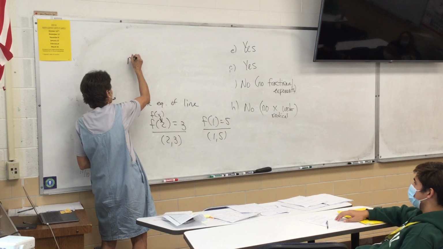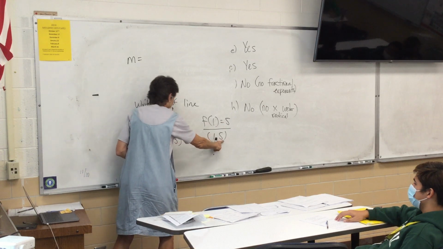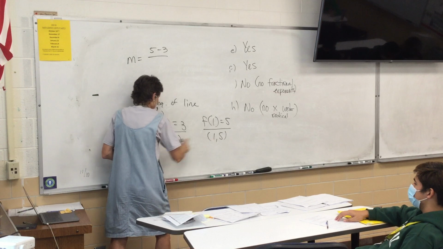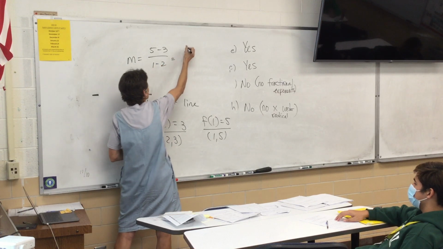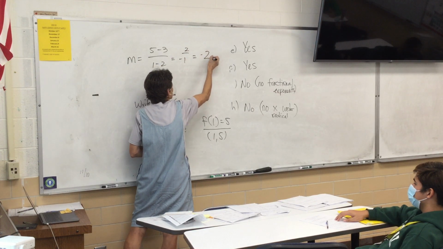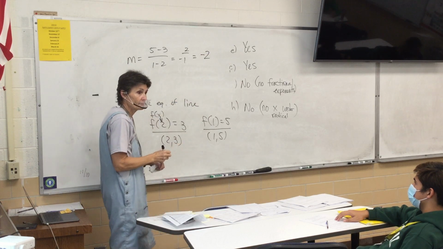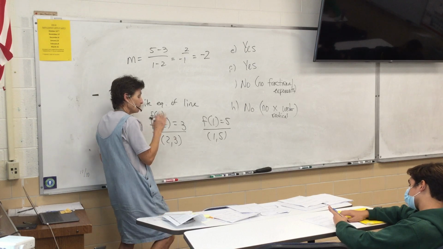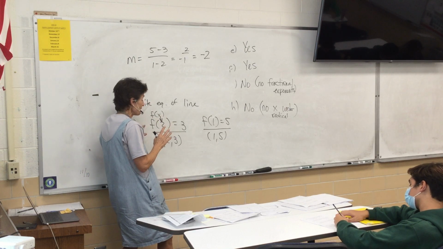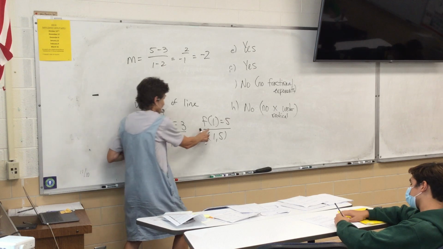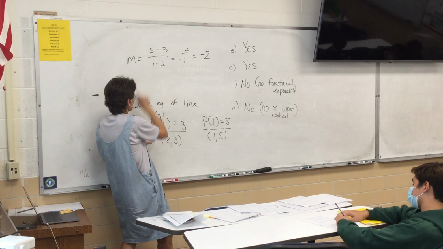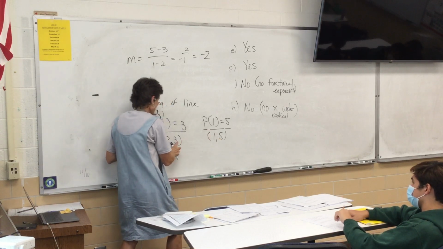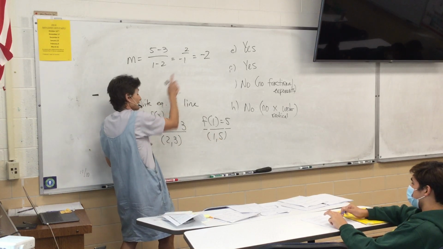So what's my slope? 5 minus 3 over 1 minus 2. I got -2. Did you get that? So the problem was written in a fancy new way, but it's really just points. So then I did slope, because I'm writing the equation of a line, y minus y, x minus x, got -2.